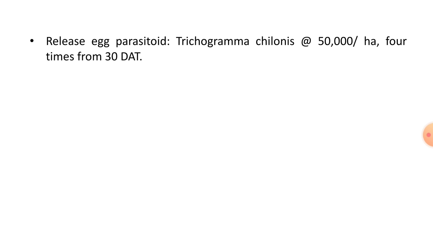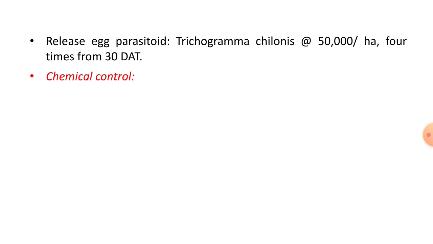Then release egg parasitoids like Trichogramma chilonis at 50,000 per hectare 4 times in 30 DAT.